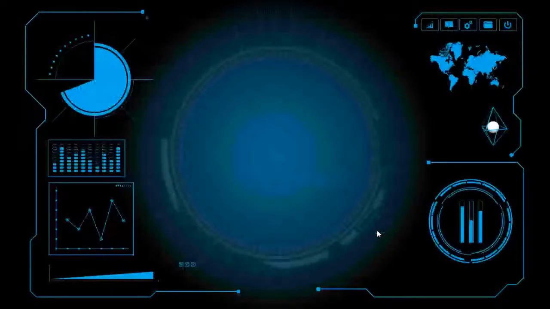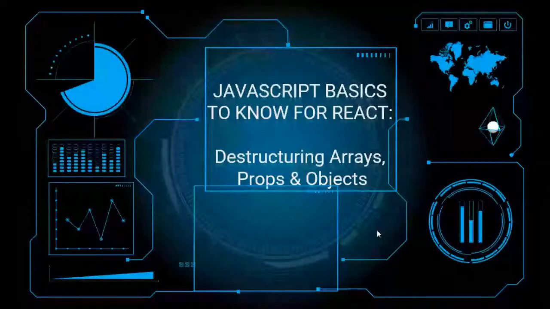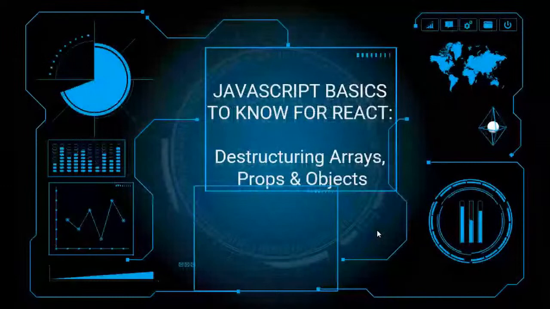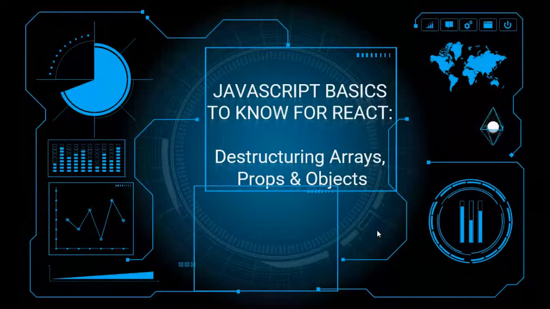Next, we want to talk about a very, very key thing that you're going to do over and over and over again. It's destructuring arrays, props, and objects. One of the things that you'll learn in the beginning of your journey, whether you're learning computer science or doing some sort of coding bootcamp, is structuring objects, how to create an array, how to create an object with properties, how to call some of those properties and methods.